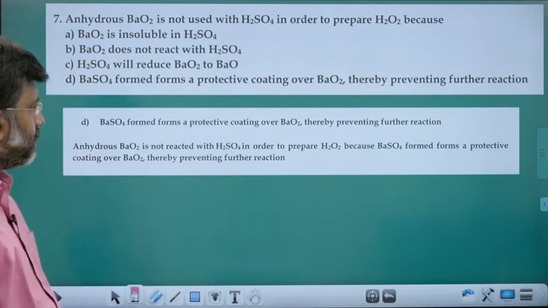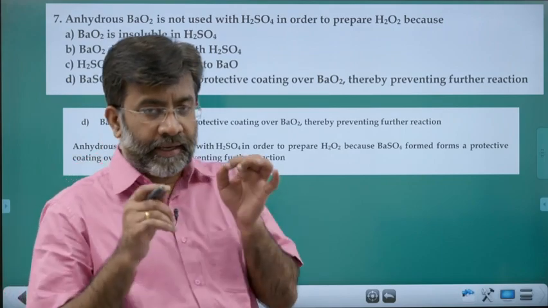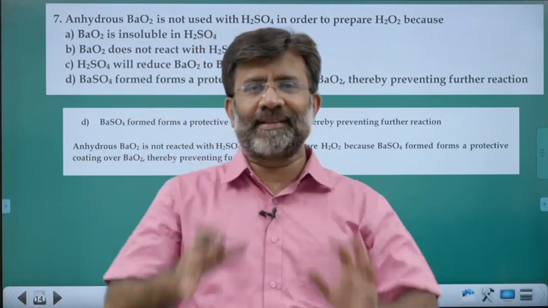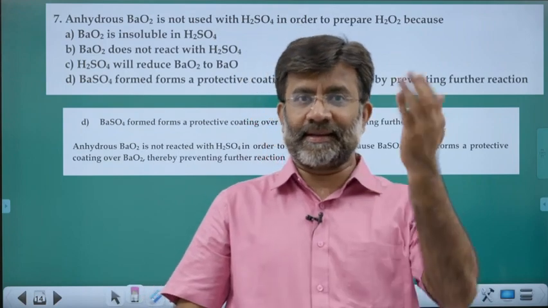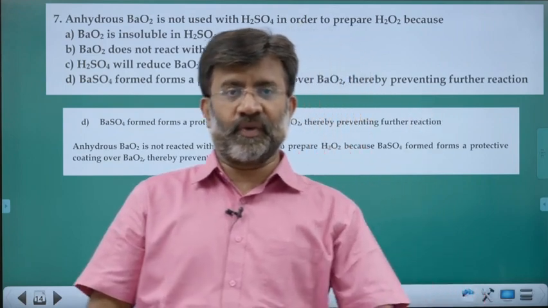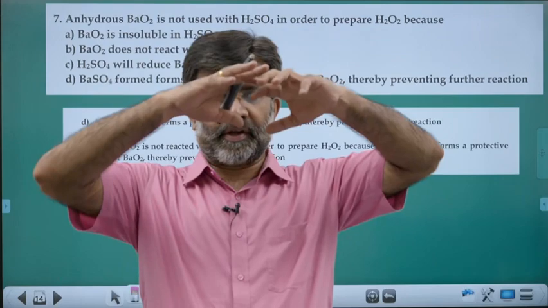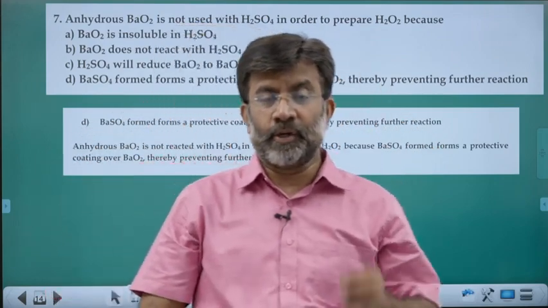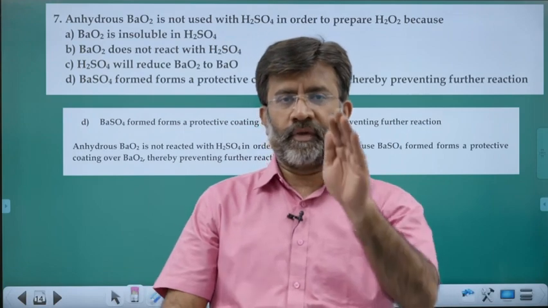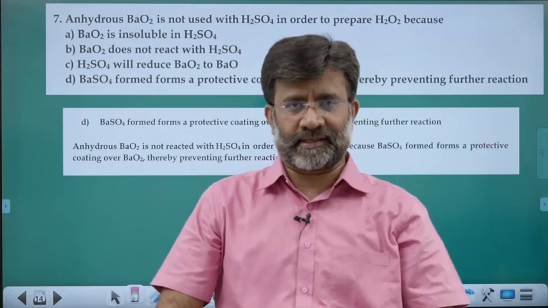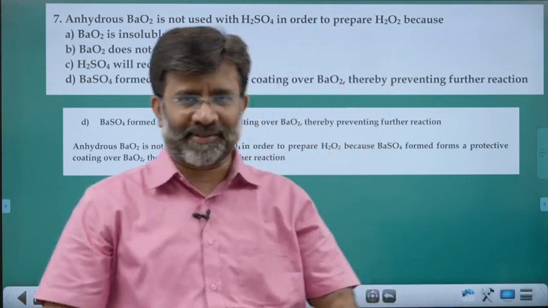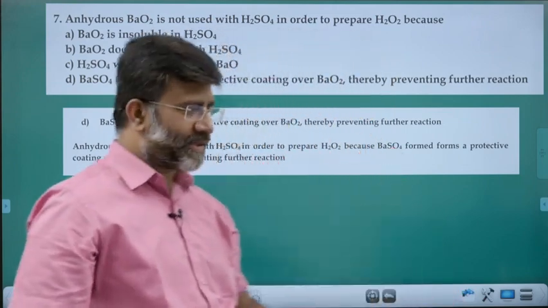If it is hydrated barium peroxide, there is water content within the substance and it can sustain the reaction. Otherwise, the barium sulfate formed over the surface of barium peroxide due to the initial reaction will hinder further reaction. That's why we insist on hydrated barium peroxide. Okay? Next question.